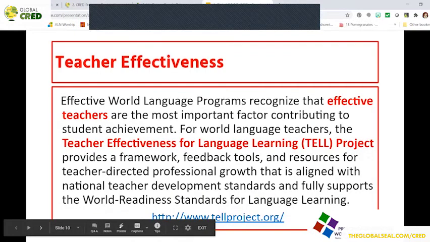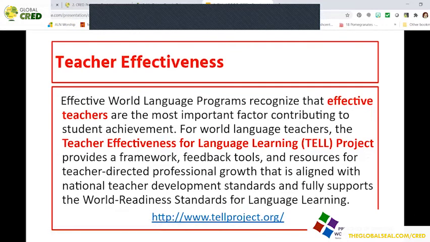And then the final jewel of our principles of effective world language programs, teacher effectiveness. Here is the principle behind the teacher effectiveness facet. Effective world language programs recognize that effective teachers are the most important factor contributing to student achievement.